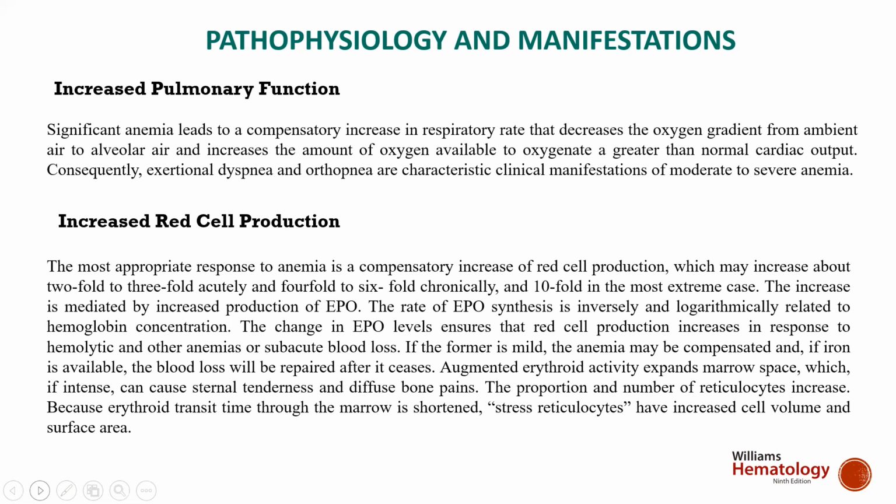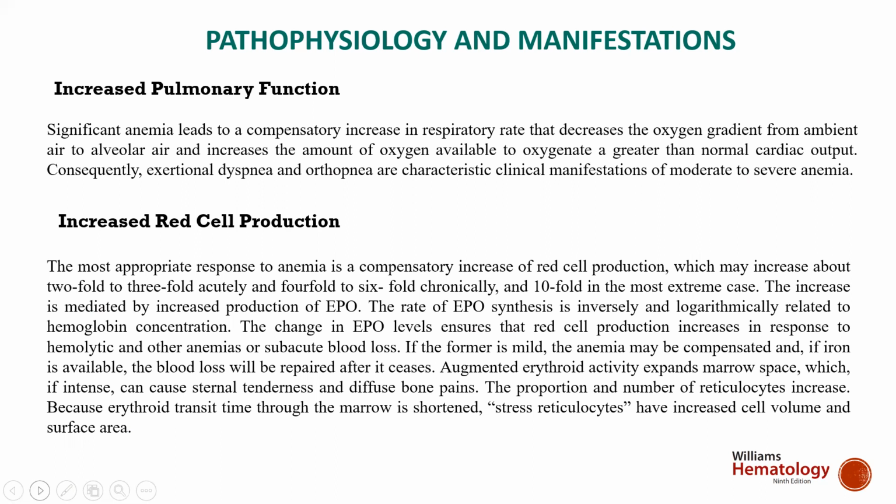The change in erythropoietin levels ensures that red cell production increases in response to hemolytic or other anemias and subacute blood loss. If the blood loss is mild, the anemia may be compensated, and if iron is available, the blood loss will be repaired after it has ceased.